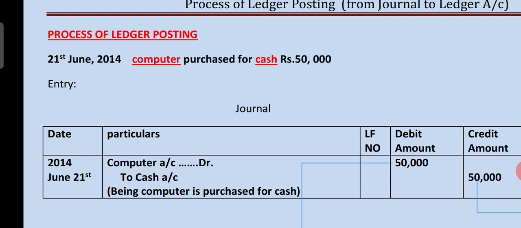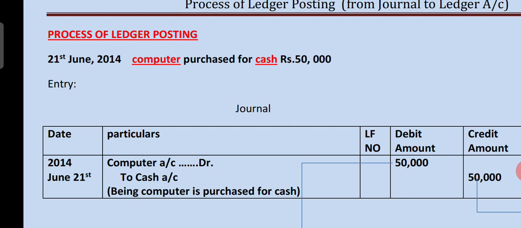That is the question, and the answer is, when we purchase the computer it comes into the business. So when it comes into the business, that should be debited. So here we debited the computer account and wrote the amount in the debit column. It is also called the debit entry.